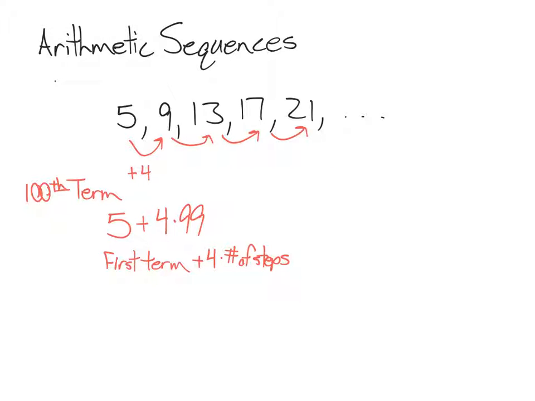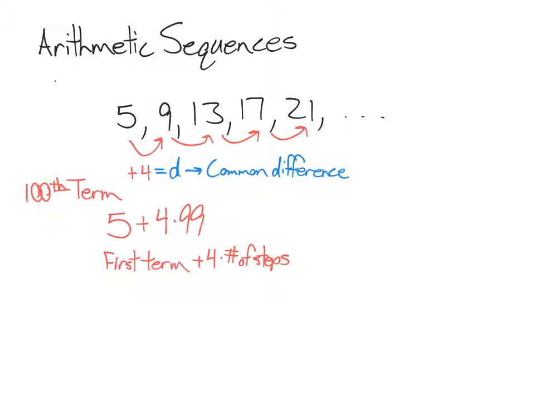Now, let's look at this a little bit more formally with actual notation. First of all, this 4 is what's known, we often use the letter D because that represents our common difference. The common difference.